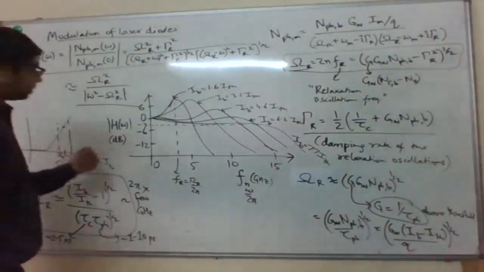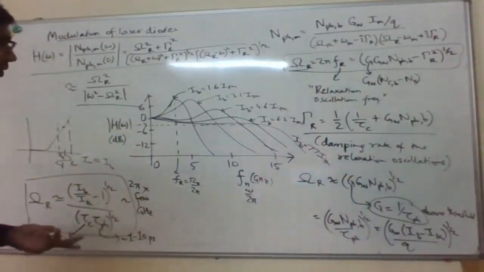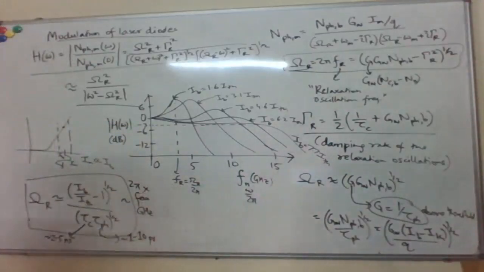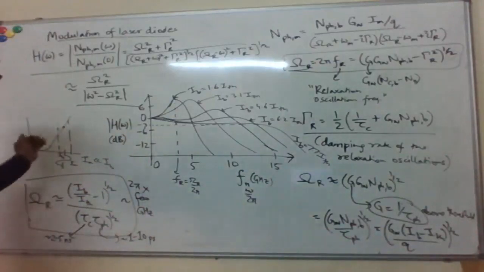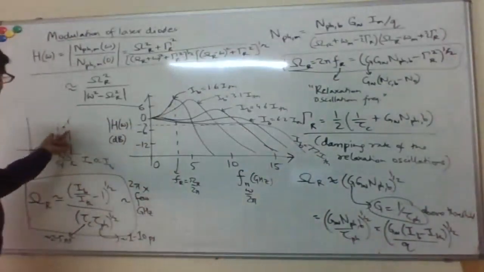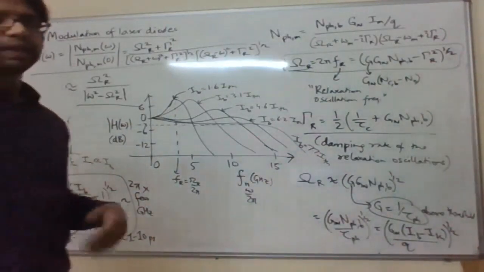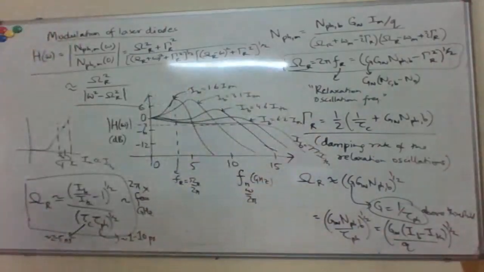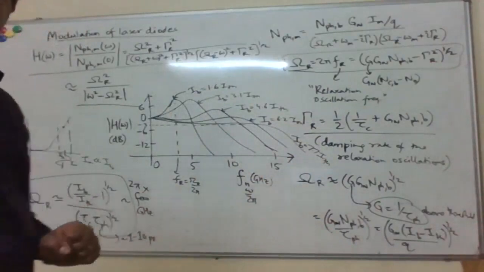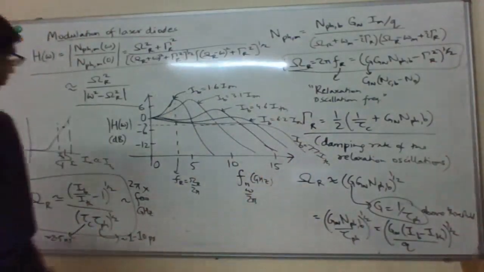This kind of response is more useful, for example, when you're doing analog modulation. You have some DC bias point, and about that you're putting some RF signal whose amplitude is much smaller than the DC component. These are useful for radio over fiber links or what are known as microwave photonic links.